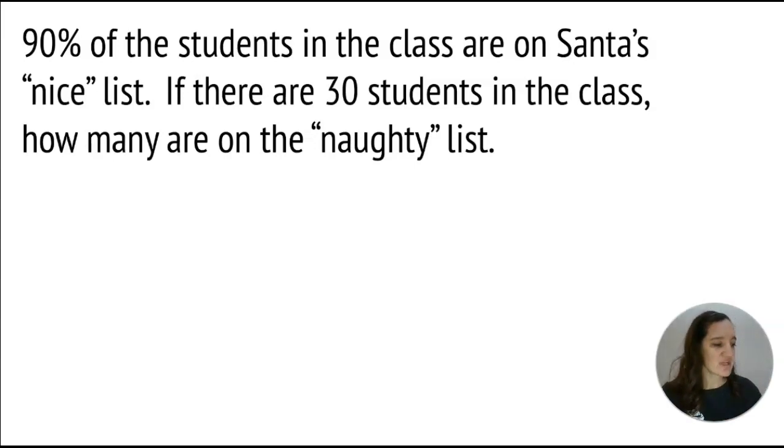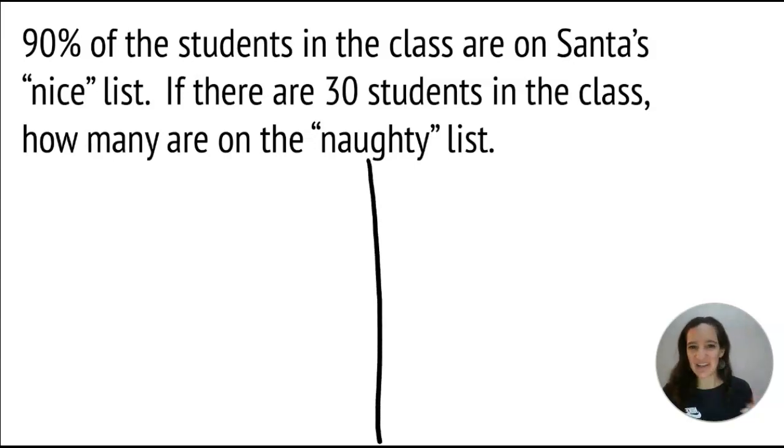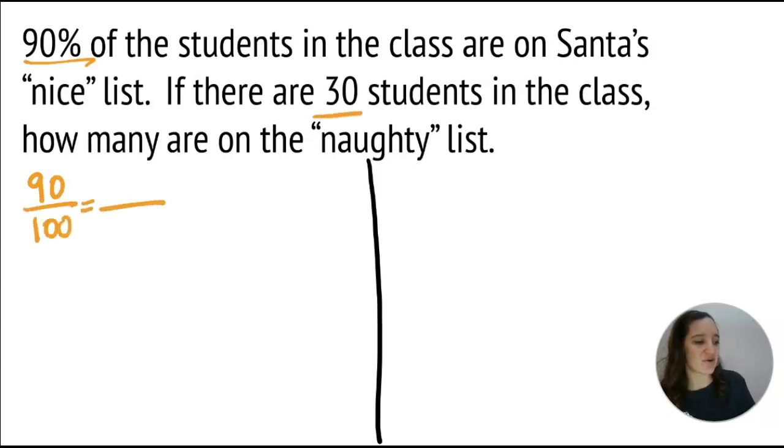So again, I'm going to solve it those 2 different ways. And I'm going to kind of let you decide what makes more sense to you. So if we start with the 90% out of, there are a total of 30 students. So we're going to put 30 on bottom. Now this 90% is for the students who are on the nice list, correct? So we can solve this.